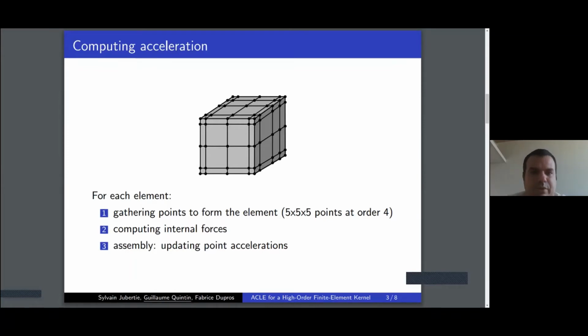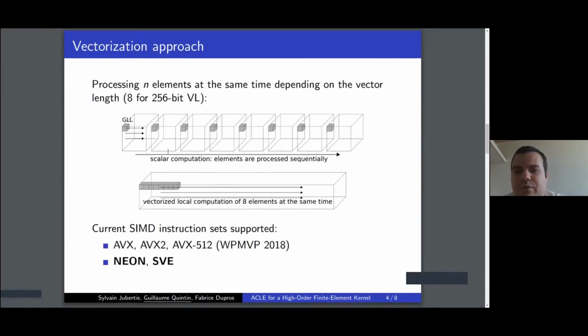So how is the vectorization done? The idea is simple: we vectorize over the elements. Each lane of a SIMD vector will treat one element.